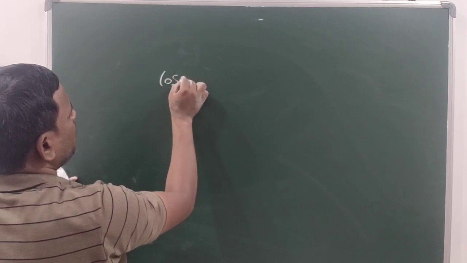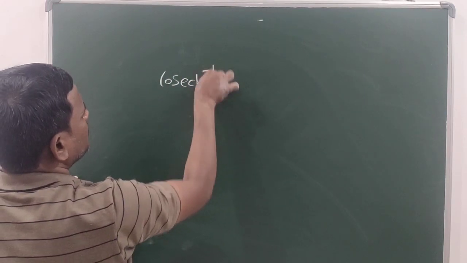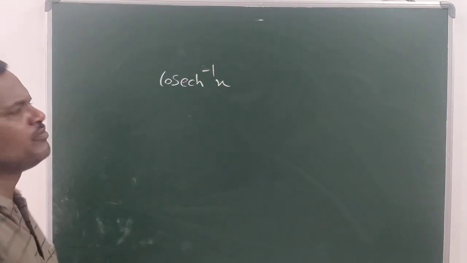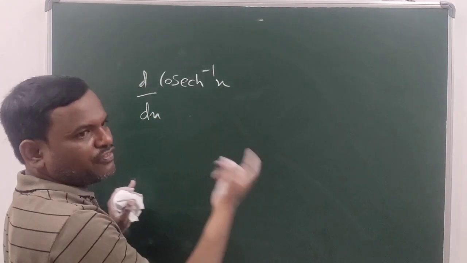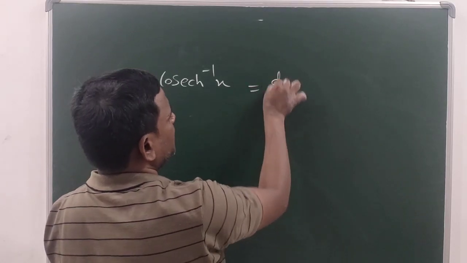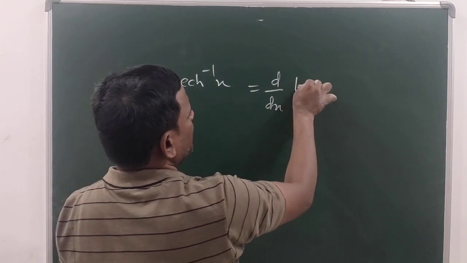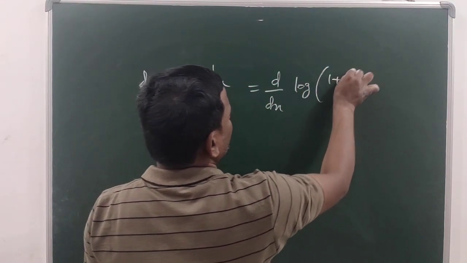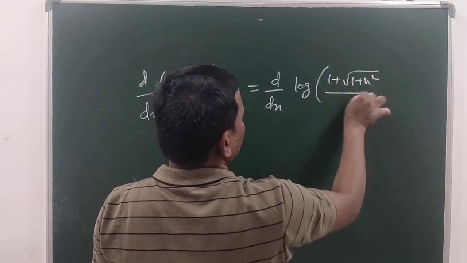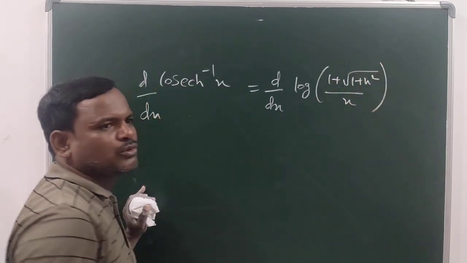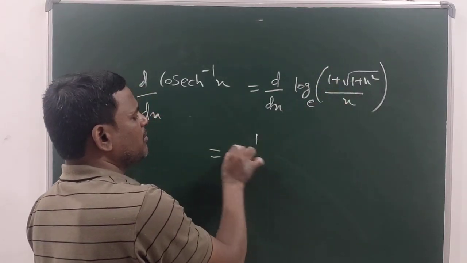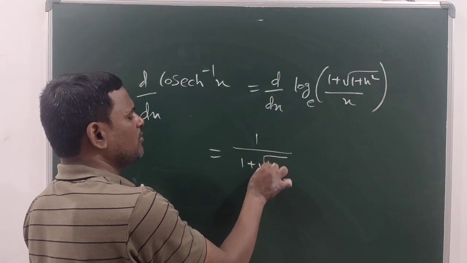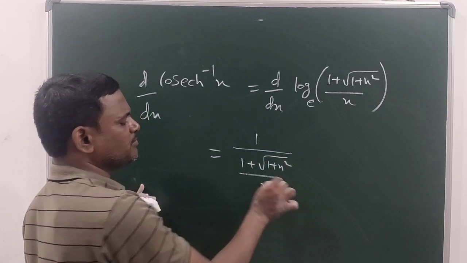Suppose you would like to find its differentiation, what you have to do, students? Now observe the x. If x is positive, then take d by dx of log of 1 plus root of 1 plus x square by x. Now go for the derivative. Log x derivative, your base is e, 1 by 1 plus root of 1 plus x square by x.